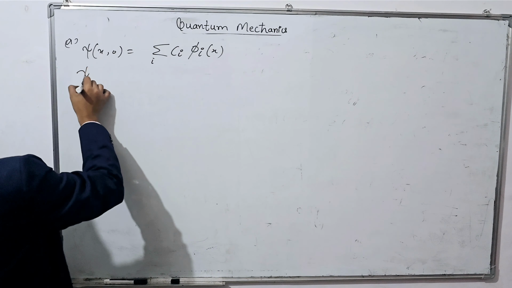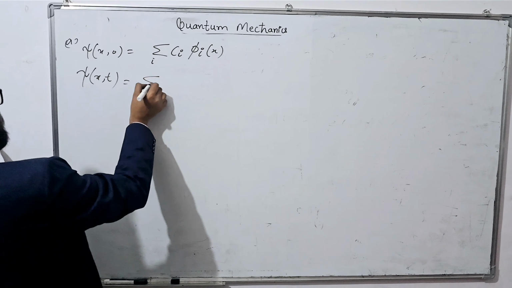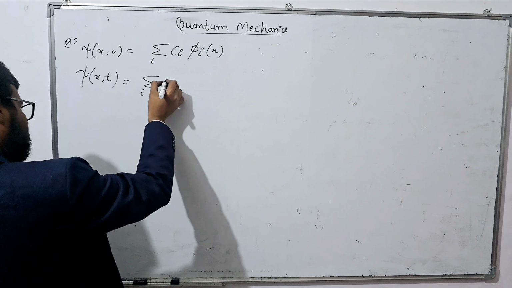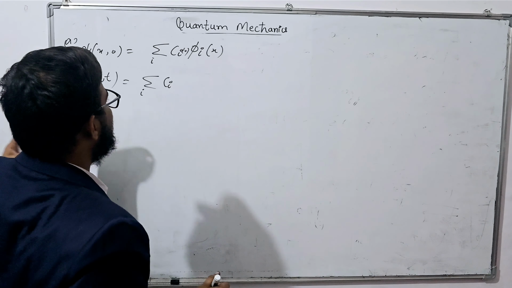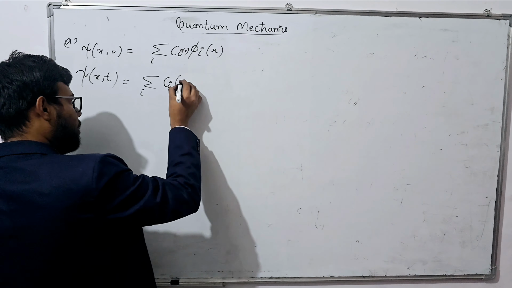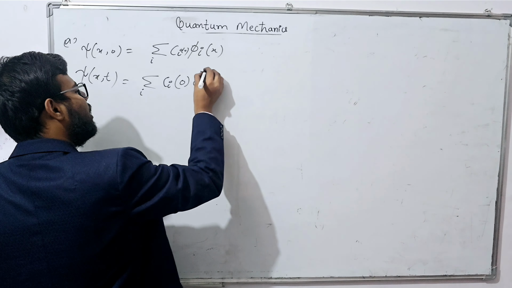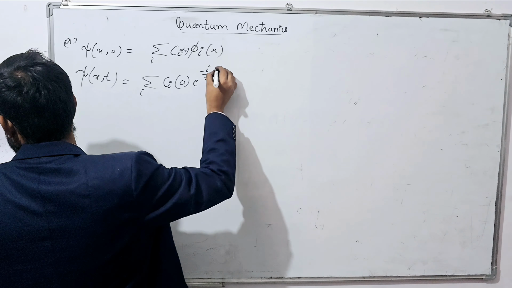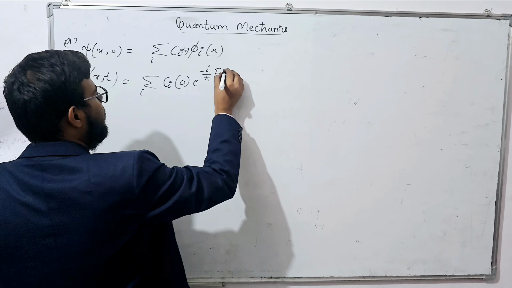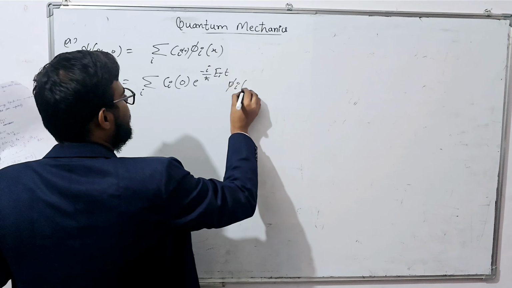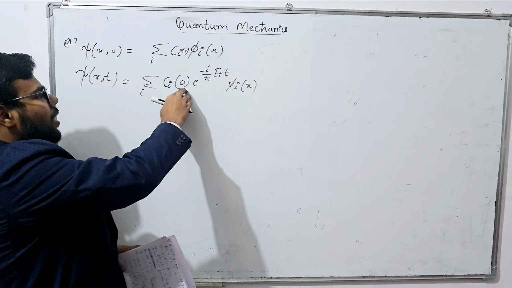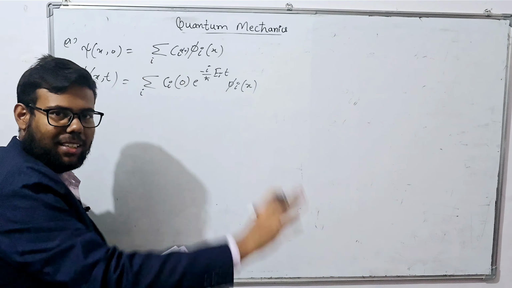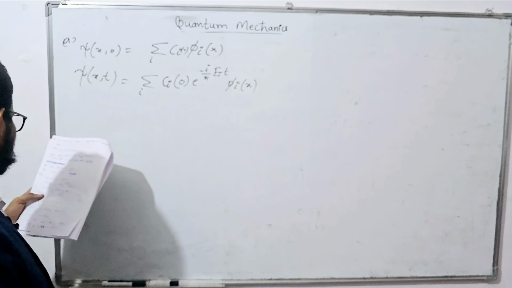And psi of x comma t, this ci at 0, and when you apply at time t it will be ci at 0 e to the power negative i by h bar into the quantity Ei t phi i of x. Remember we had calculated this thing. Okay, this will be ci at t, and ci at t we had calculated. If you remember that.